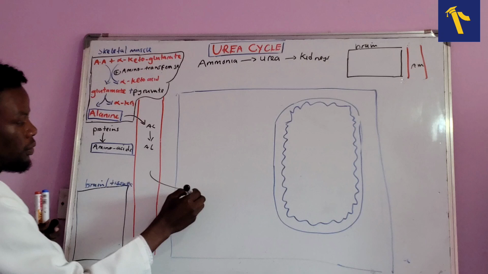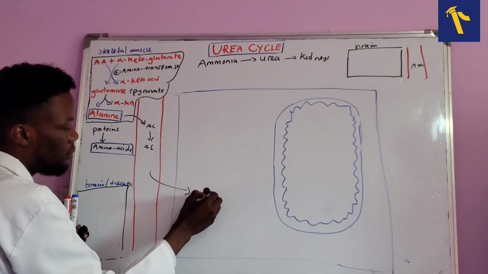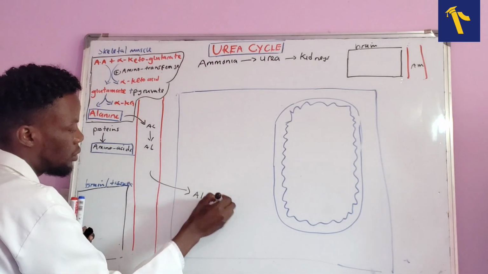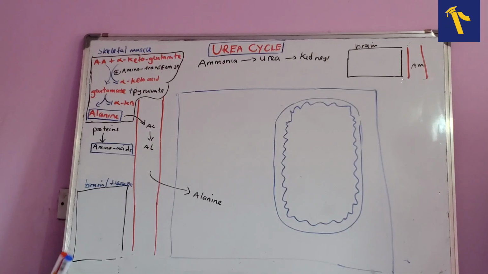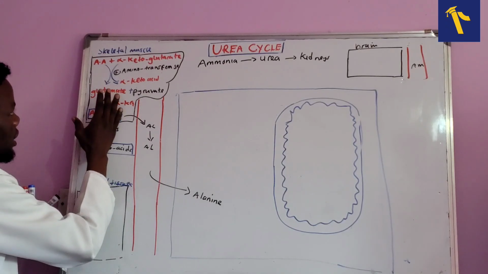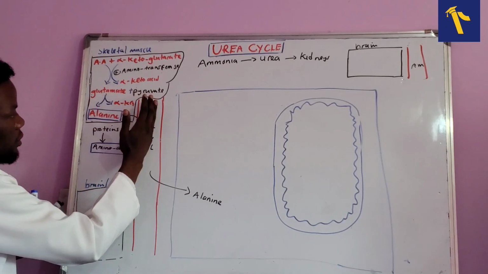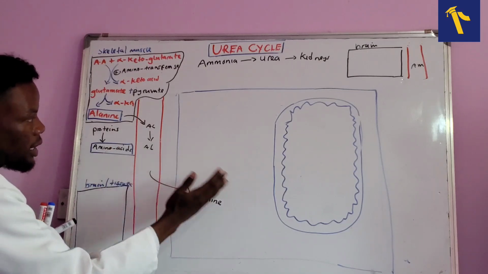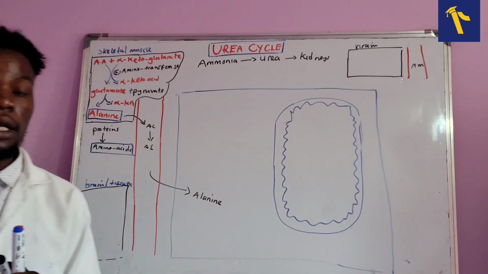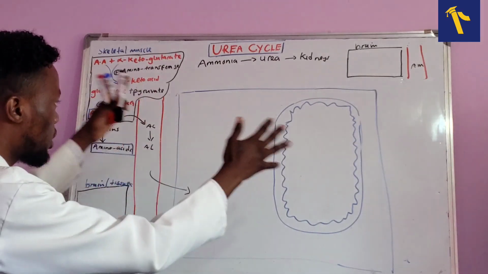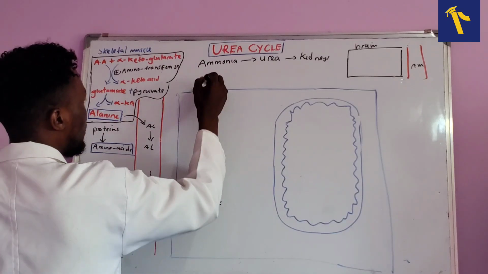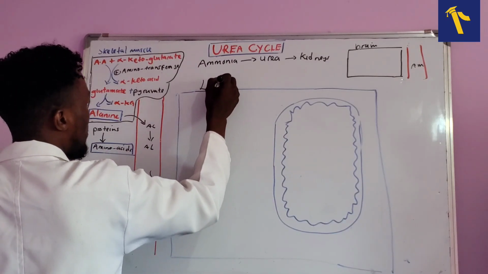This organ. This is alanine. It has the ability to penetrate from the skeletal muscle membranes into the blood vessels, then it has the ability to go into the liver. So this organ is now the liver.